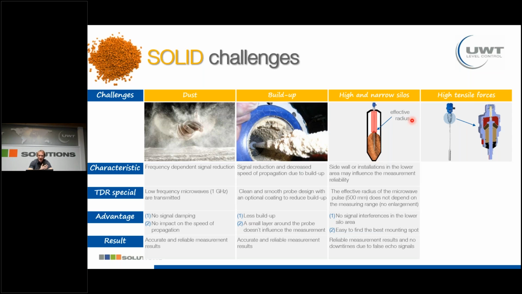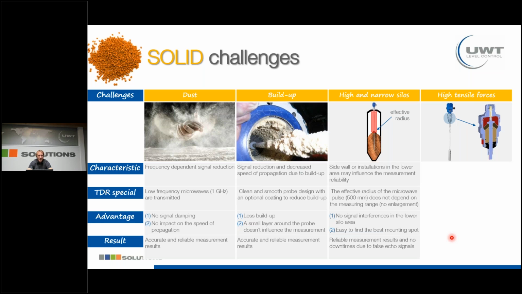So in lower areas, when we have installations here, we do not have any risk of false echoes due to these installations, and we never hit the side wall of the silo because we always have this 500 millimeter effective radius. So the signal is always good and not influenced by any false signals due to installations.